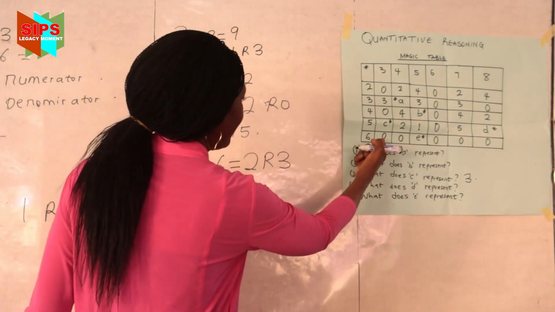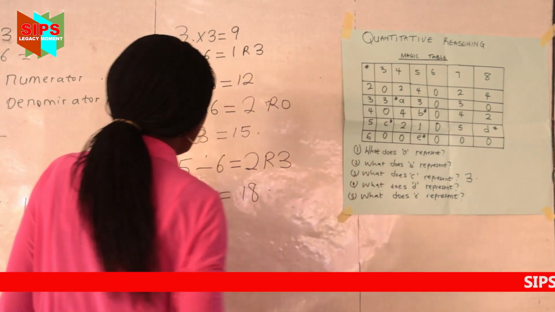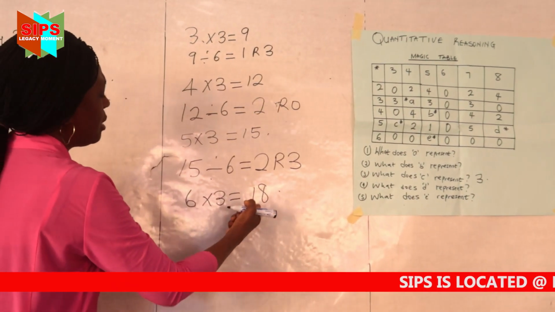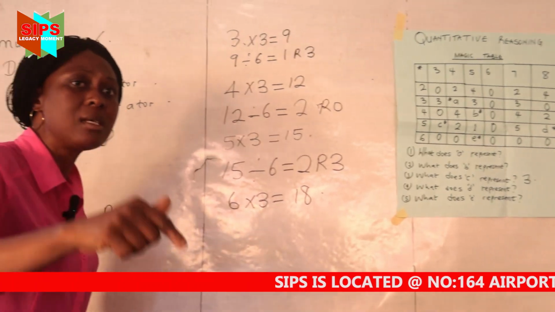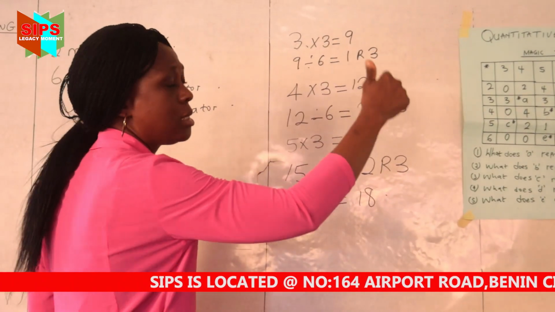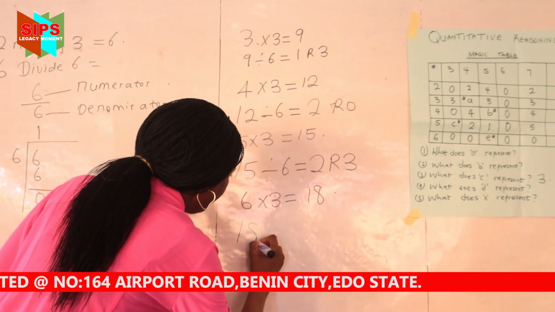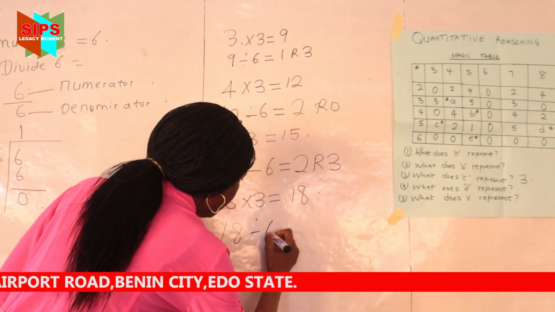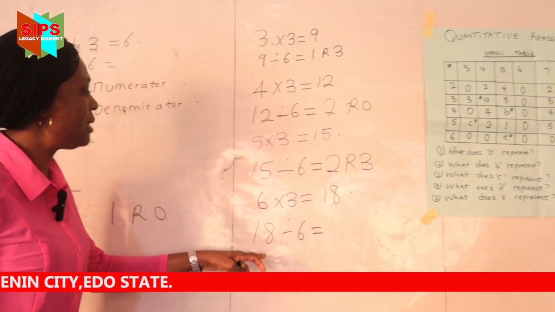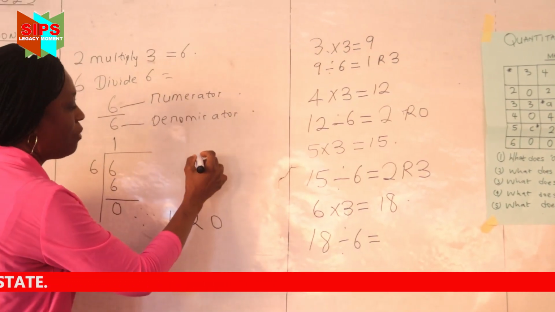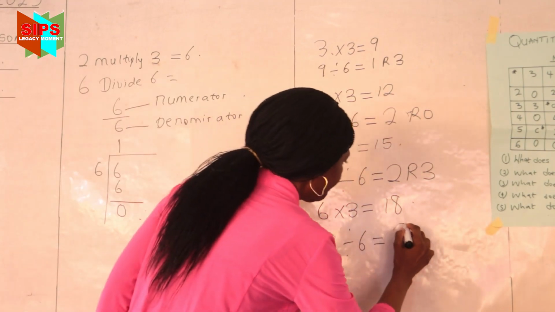Now I want to look at how they get this 0 as their final answer. So we are now using this 18 to divide by our base 6, which we are using for the magic table to get our actual answer. So 18 divided by 6 will give us how many times? 3.